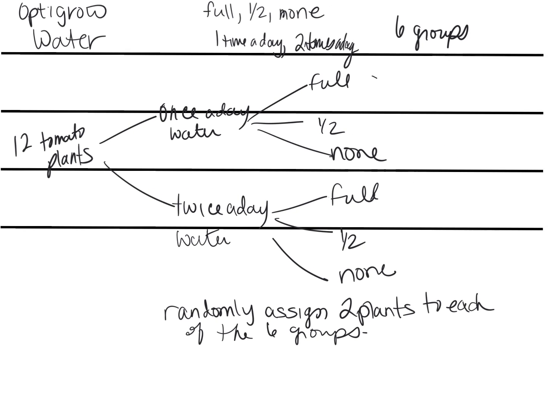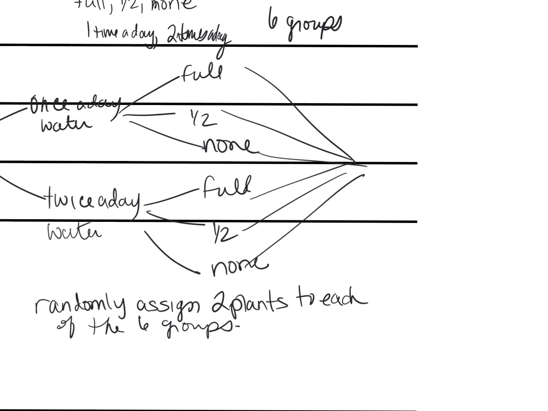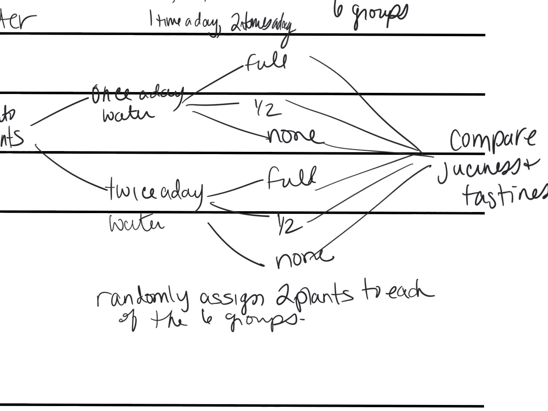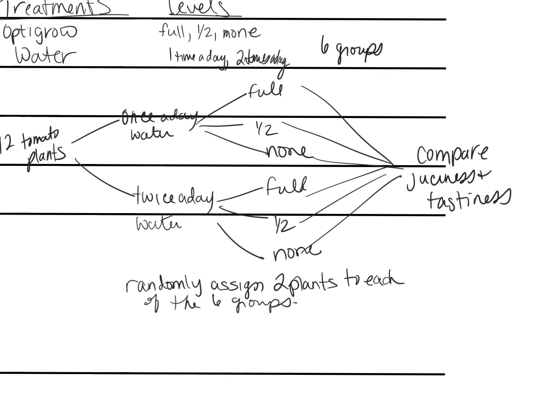And then after a while, what do we do? This is the part that everybody forgets to say: what are we doing at the end of the experiment? We're comparing them. What are we comparing? Still comparing juiciness and tastiness. Okay. You wouldn't include anything about the water in our comparison?